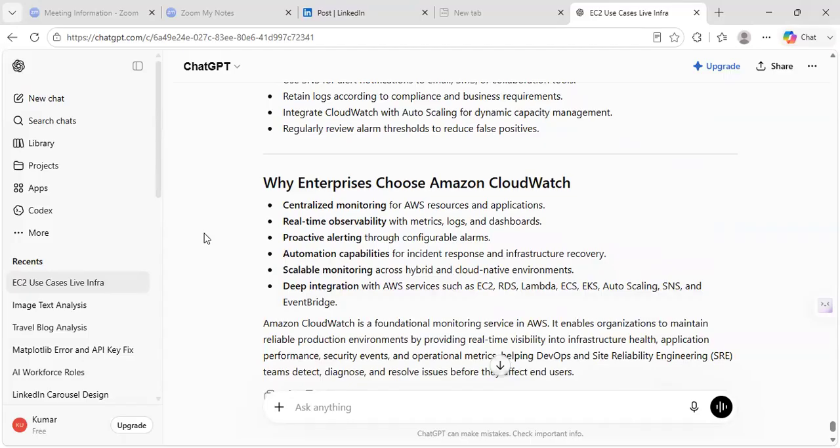Deep integration with AWS services such as EC2, RDS, Lambda, ECS, EKS, auto scaling, SNS, and EventBridge. All these services are common in any business applications, so they are integrated with CloudWatch for monitoring those services.